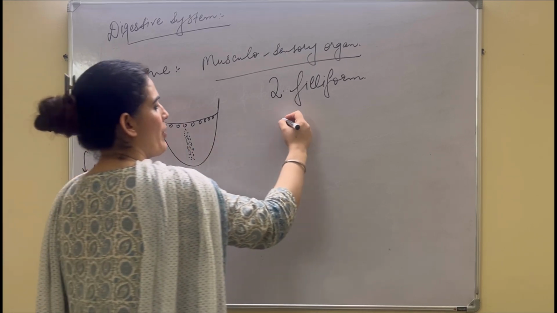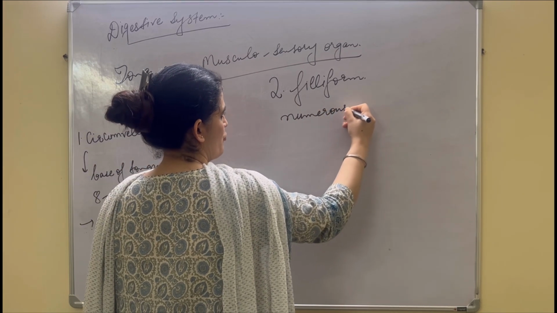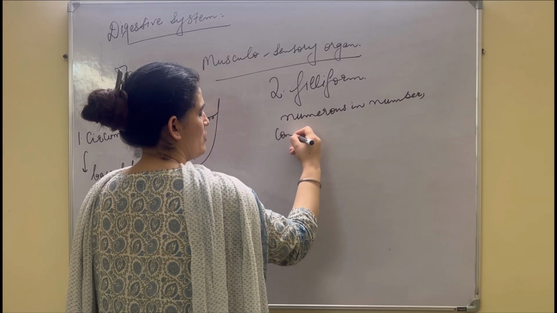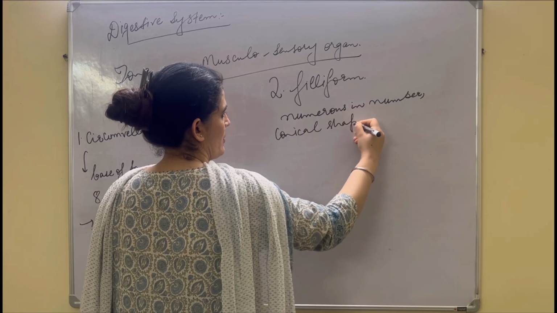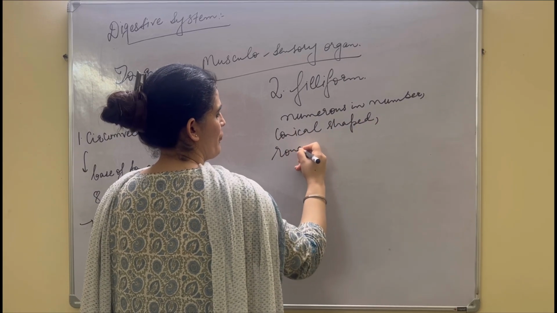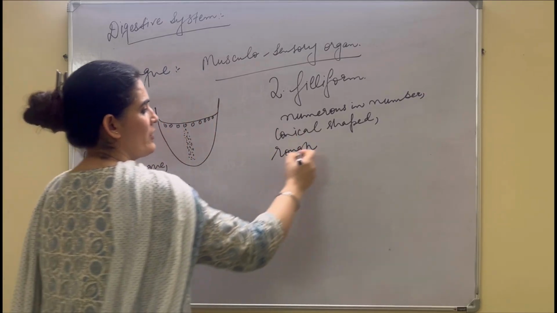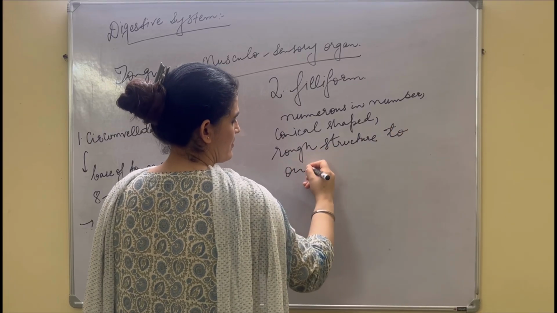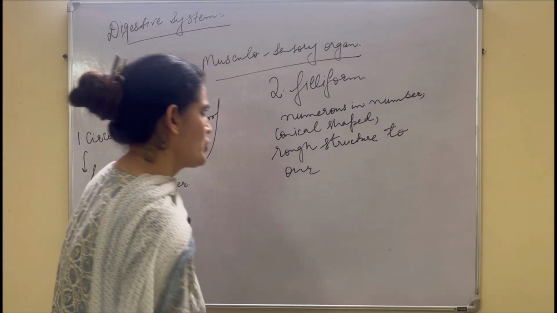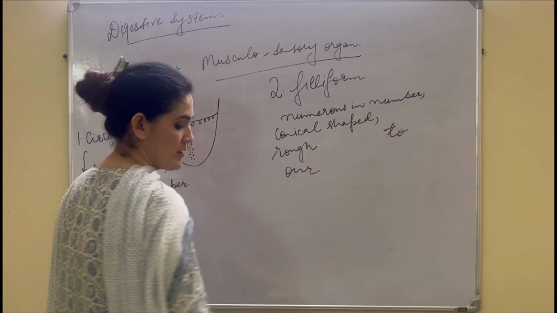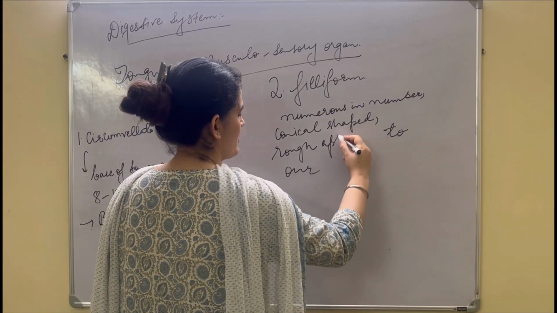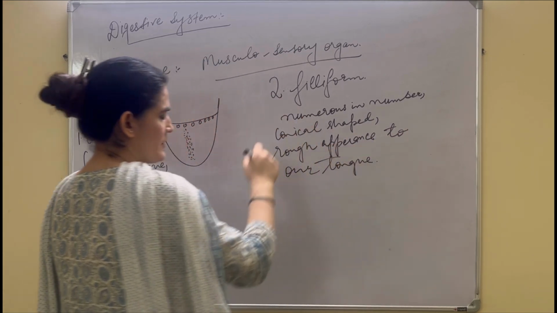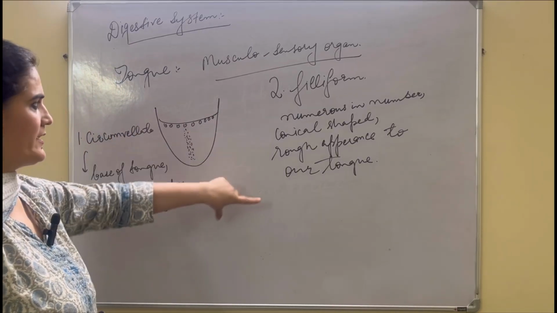These filiform papillae are also numerous in number and conical shaped, and they give a rough appearance to our tongue. The appropriate term is a rough appearance to our tongue. And these filiform papillae do not detect any taste basically.